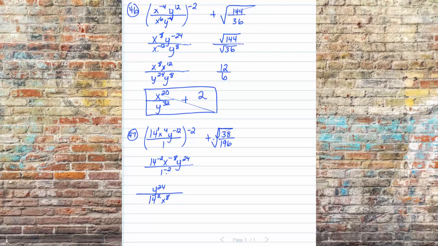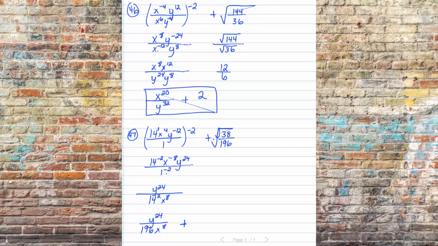And then 1 to the negative 2nd power needs to come upstairs to make its power positive, but then we end up with 1 squared. And 1 squared is 1 times 1. And 1 times anything is whatever term is there, so we're simply going to have our y to the 24th power. And now we can simplify one more step. Y to the 24th over 14 squared is 196. X to the 8th power.